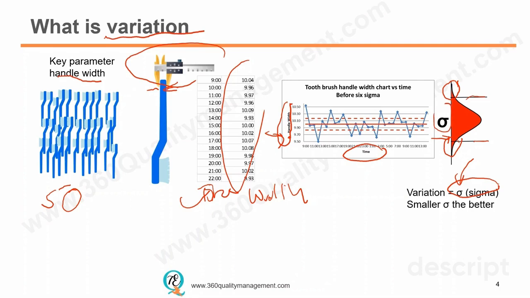A smaller sigma is always wanted, meaning that the process is stable and you want the measurement to be as close as possible to the desired target. Therefore, the smaller the sigma, the better the process. This is what we call process variation.